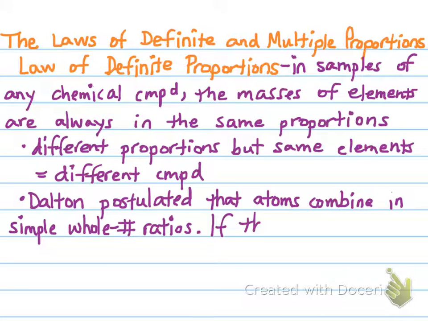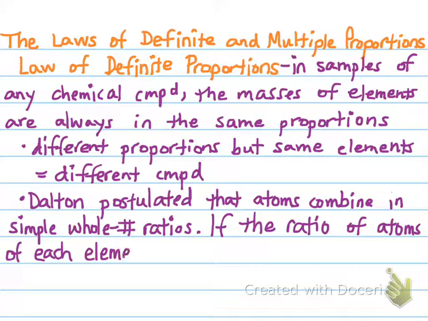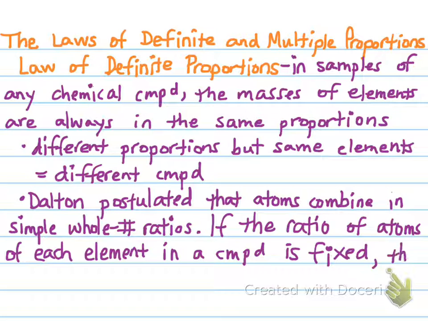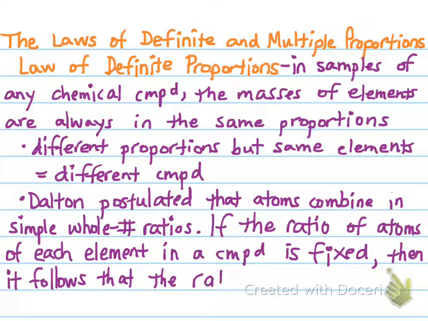And he said that if the ratio of the atoms of each element in a compound is fixed, or always the same, then it follows that the ratio of their masses is also fixed, or always the same.